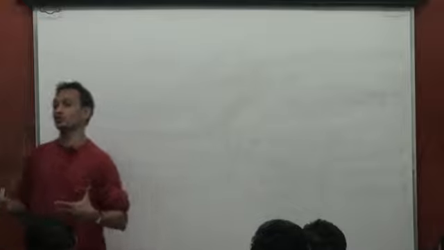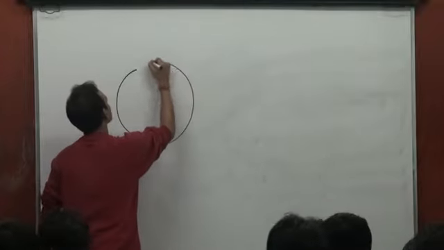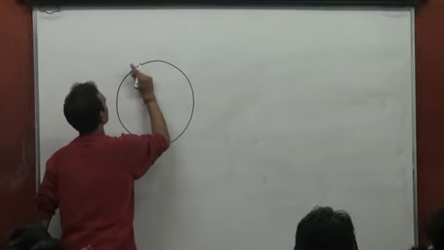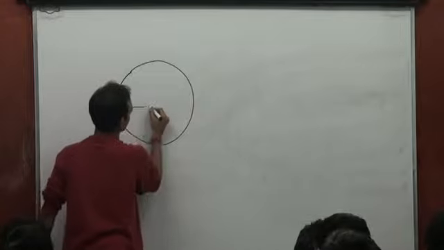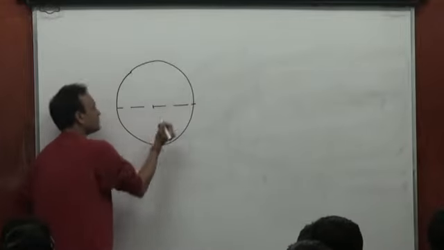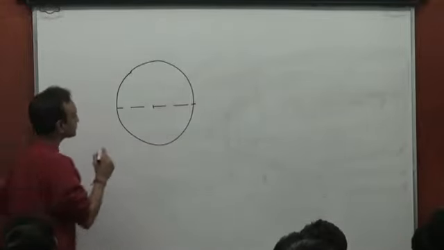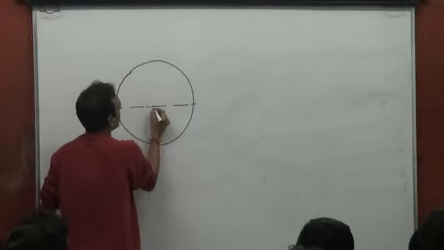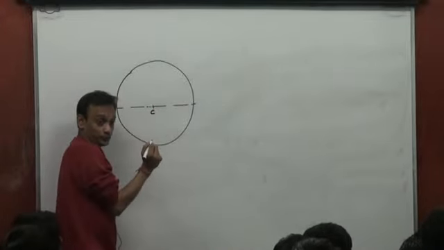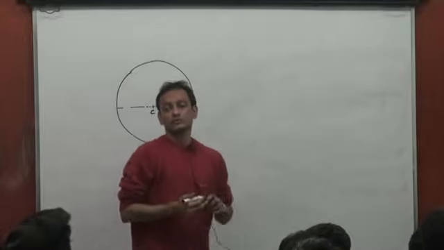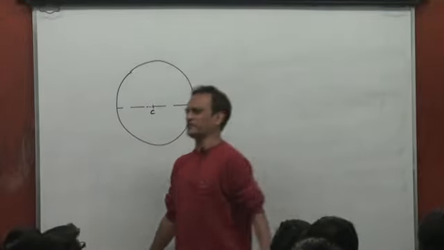Another form of the equation of a circle which is widely used. Look, if this is a circle and this is the center C of the circle. First of all, let me ask you something very fundamental.